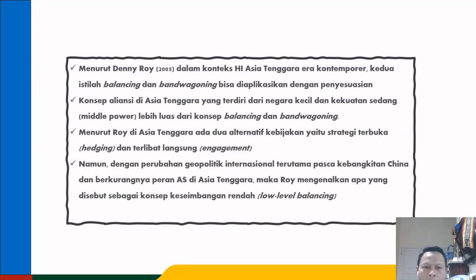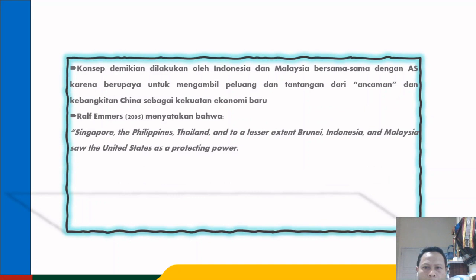Low-level balancing means trying to take opportunities but not to totally follow, because major powers sometimes have bad things, but there are also many opportunities, like investment, like economy, like maybe a defense agreement.